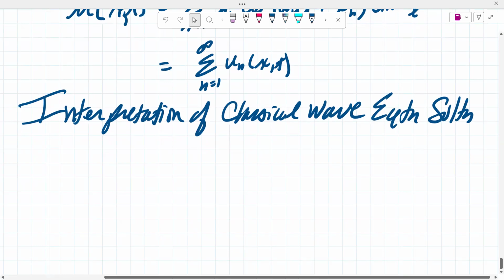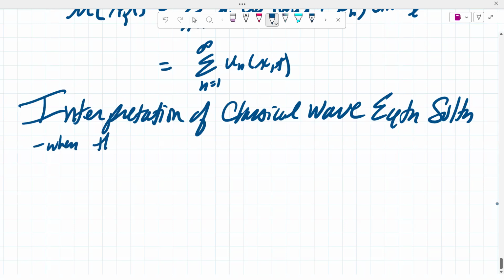When the string is plucked, its shape, or the displacement, will evolve according to u of x and t in the displacement equation. Each u sub n of x and t is going to be a normal mode, and the time dependence of each normal mode represents a harmonic motion. So let's summarize these things.